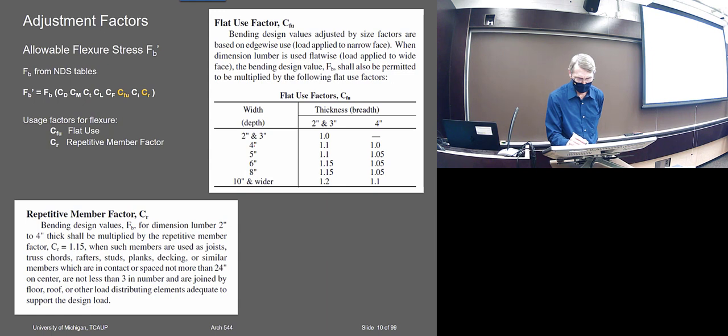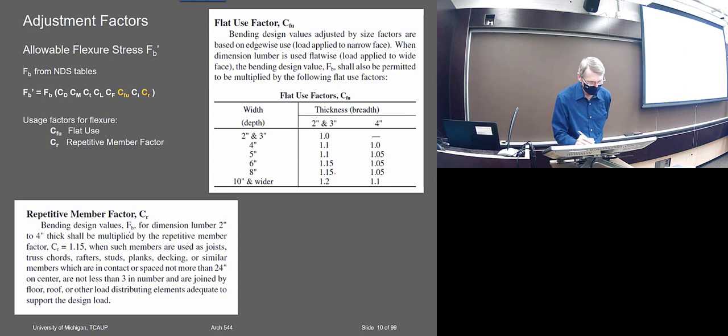So the wider, the bigger it is, you pick up an additional benefit, 20% if it's a 2 by 10. But again, it would be very unusual to ever use a 2 by 10 flat-wise. It would not be too common. But anyway, if you did, you can increase the strength of it slightly.